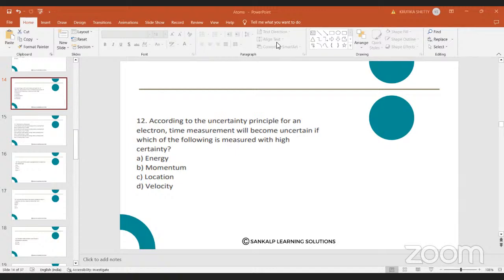So there is the position, and when it is moving, it has some momentum. So the momentum and the position cannot be determined simultaneously. This was the Heisenberg uncertainty principle. But here what they are asking is that the time measurement will become uncertain if which of the following is measured with high certainty. That is the energy. Option A is right here.